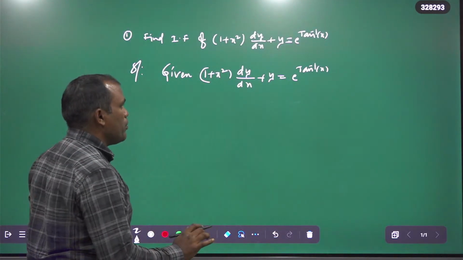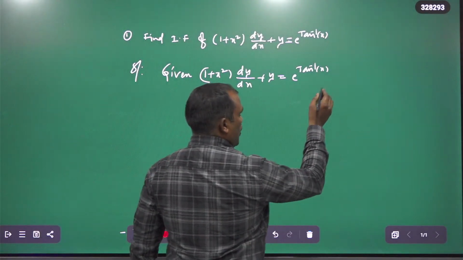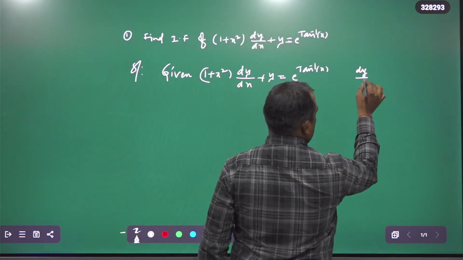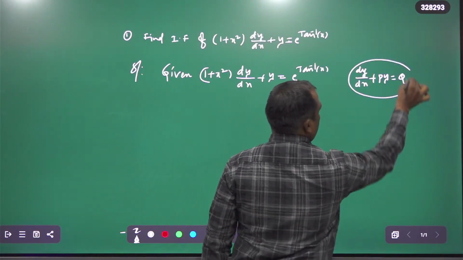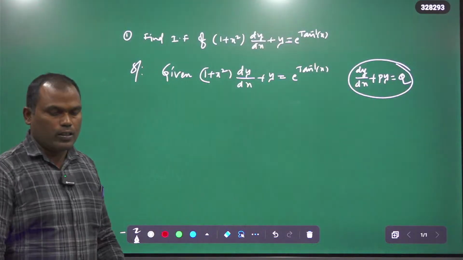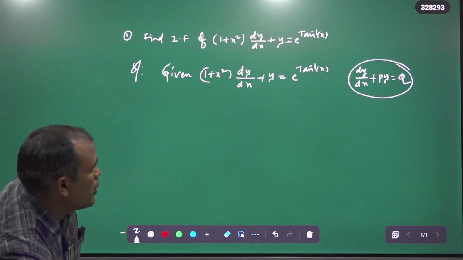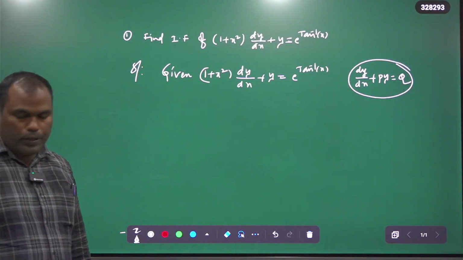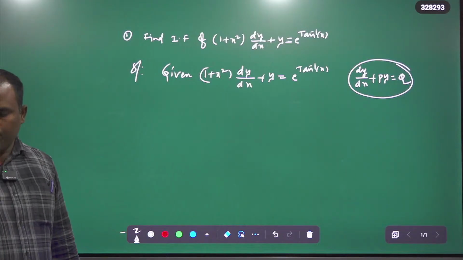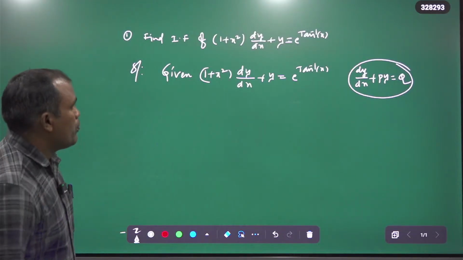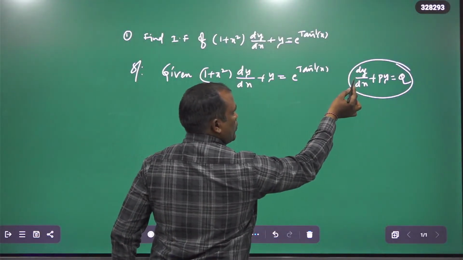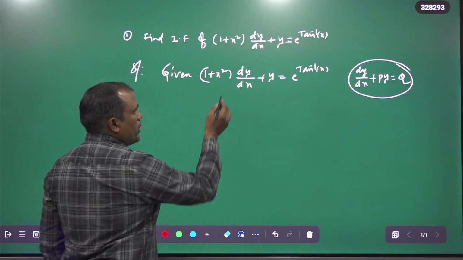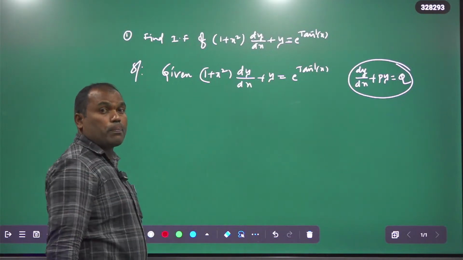Linear in y means the form dy by dx plus py equal to q only. In the formula, the dy by dx coefficient is 1 only, but here the dy by dx coefficient is 1 plus x square.